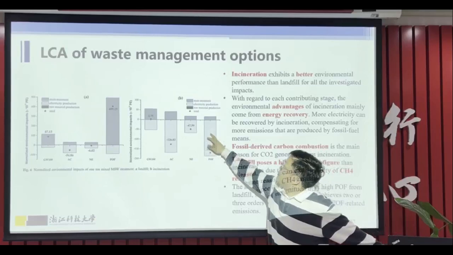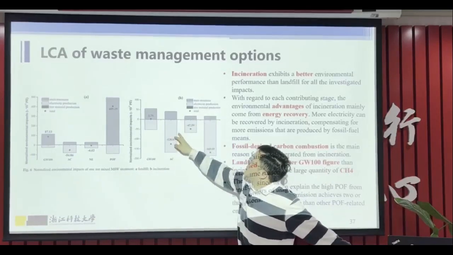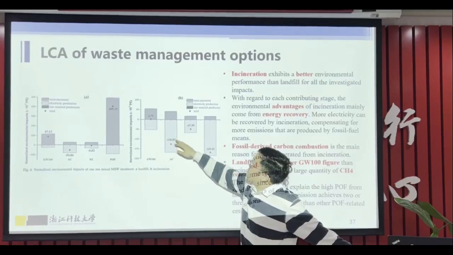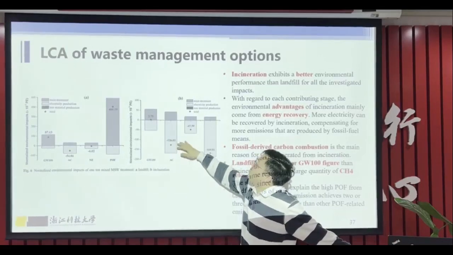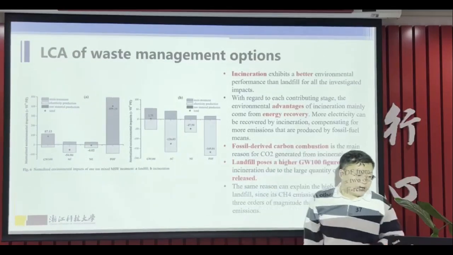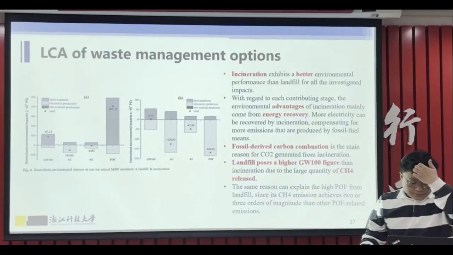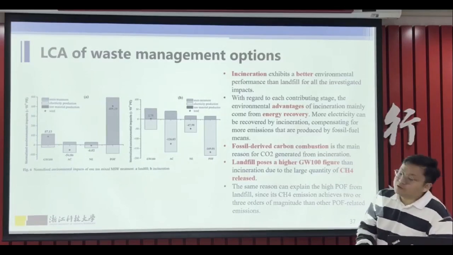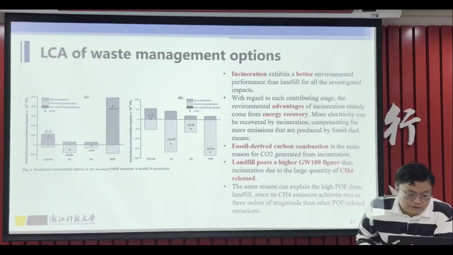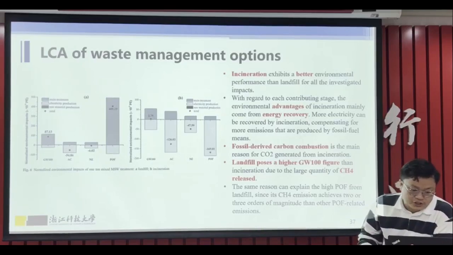So the electricity production from incineration is the main contributor to the decreases of the environmental impacts. And fossil-derived carbon combustion is the main reason for CO2 generated from incineration.